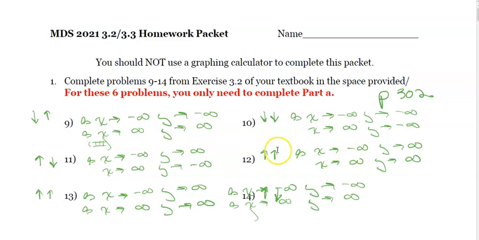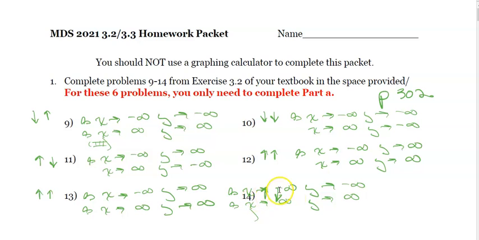So as x goes to negative infinity over here, y is going to go to positive infinity, and y is going to go to positive infinity again when x goes to infinity, which happens to the right. Okay, question 13 is an even function with a positive leading coefficient. So therefore, 12 and 13 have the same results.